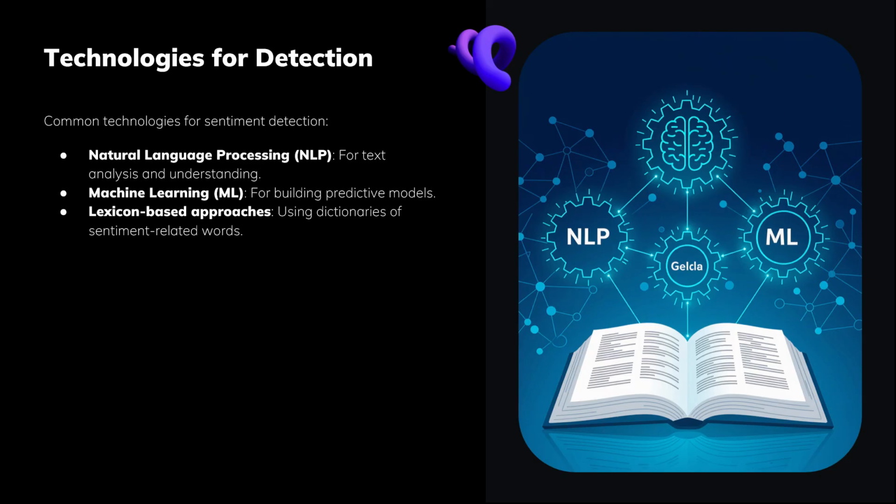Lexicon-based approaches use dictionaries of emotional words, like happy being positive and angry being negative. More recently, transformer models like GPT-4 have revolutionized the field by understanding languages.